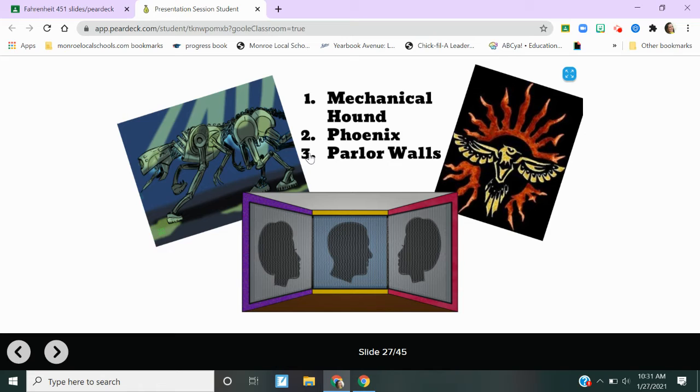And then the mechanical hound is this creepy giant machine that the firemen use to track people. Say we get a call at the firehouse that Emily is reading books. She's got them stored. She's spreading lies. She's talking about things.